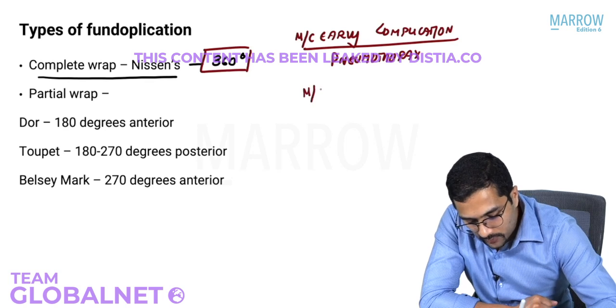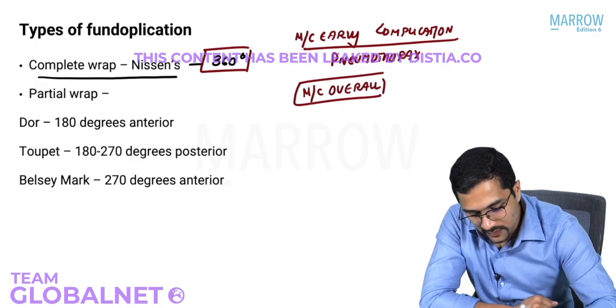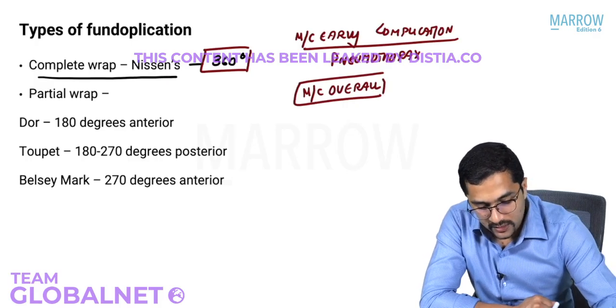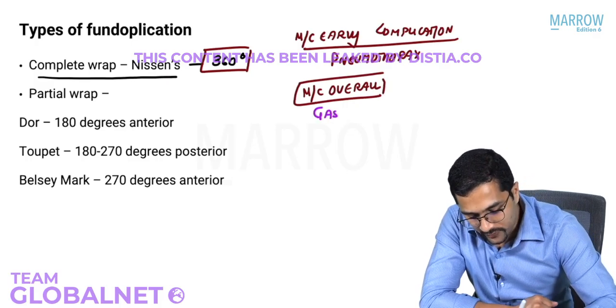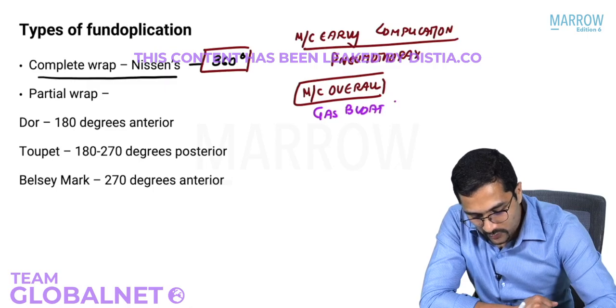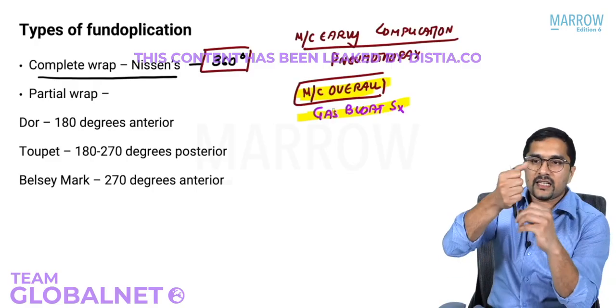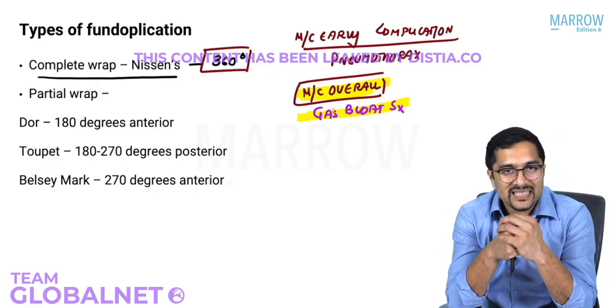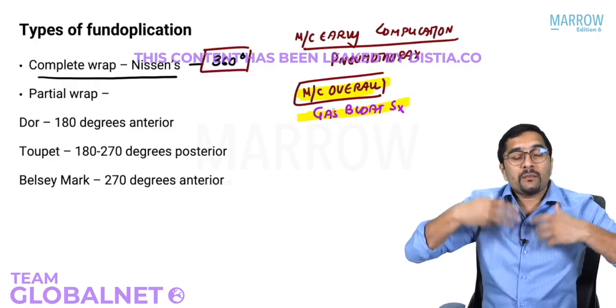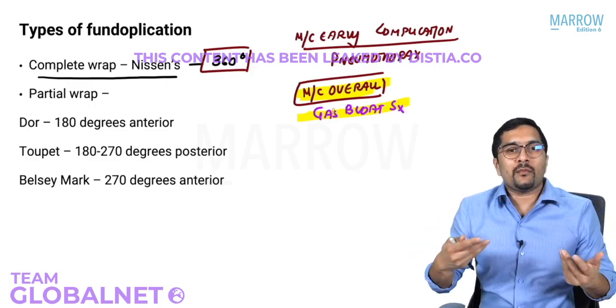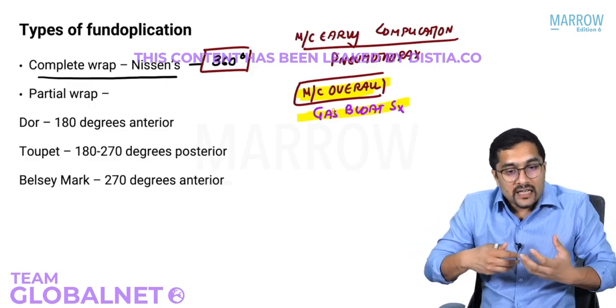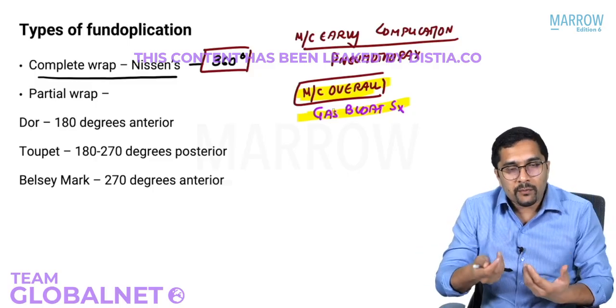But the most common overall complication of Nissen's fundoplication, this has been asked, is gas bloat syndrome. And what is gas bloat syndrome? Well, if you are doing a 360-degree wrap, the wrap is so tight that the patient cannot even burp. Even gas cannot come up, right? So the patient will complain that they can't even burp normally.